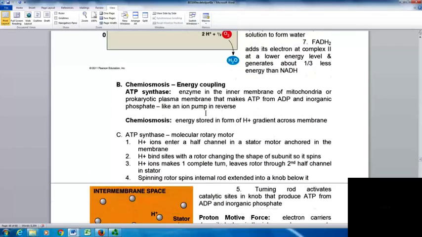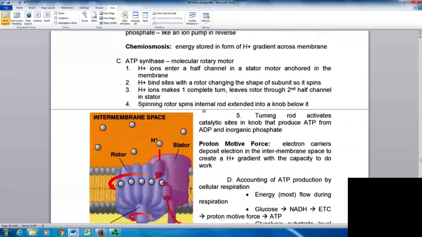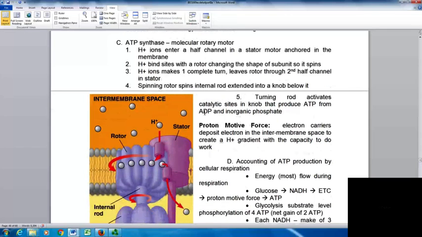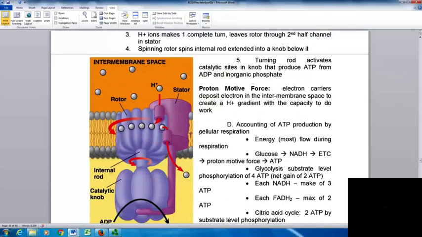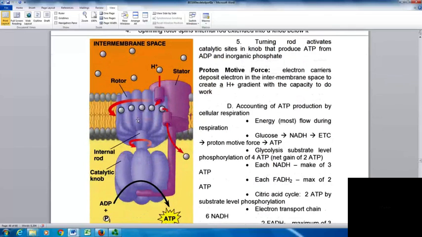ATP synthase is an enzyme at the very end of the chain that is going to make ATP from ADP. The proton motive force is going to be when the electron carriers deposit the electrons in the inner membrane space to create the hydrogen gradient. This gradient has the capacity to do work. This is an enlarged picture of the ATP synthase enzyme.